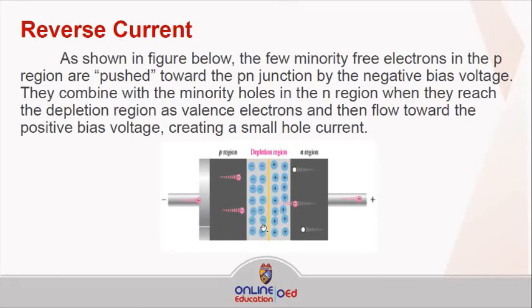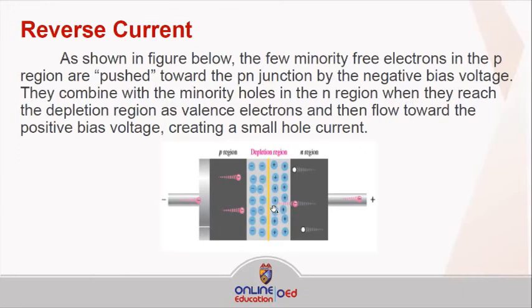As shown in the figure, we have a few minority free electrons. Ito yung mga free electrons, kakaunti na. Okay, those are the free electrons, negative, in the P region. Okay, ito na yung minority free electrons in the P region. They are pushed, papunta dito siya sa depletion region, towards the PN junction by the negative bias voltage.